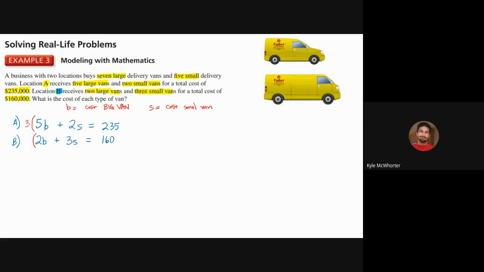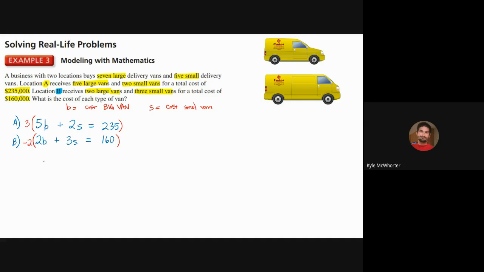If I multiplied the bottom by -2, that would give me -6S. And I think I would rather multiply by smaller numbers, so I'm going to pick that. I'm going to cancel out S by multiplying the top equation by 3, because that'll give me a +6S here, and multiplying the bottom equation by -2 to get a -6S right there.